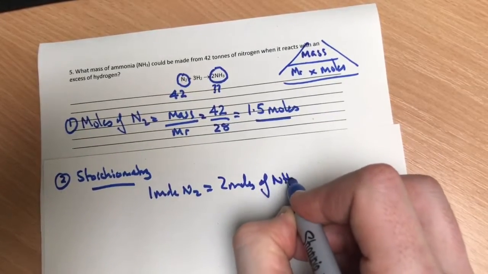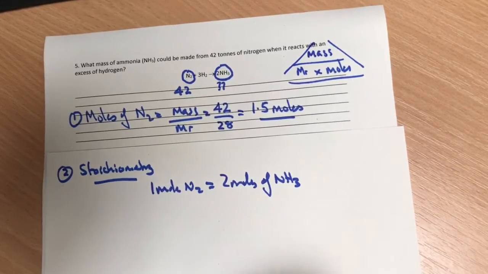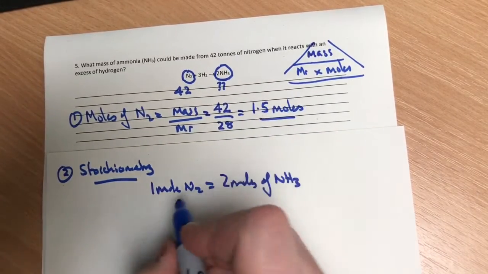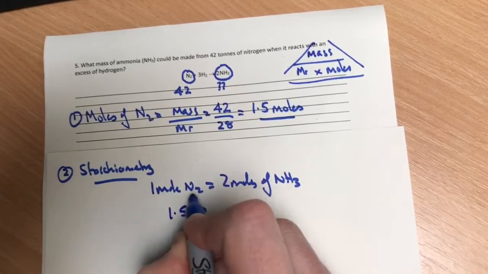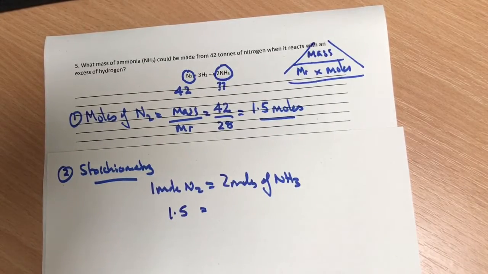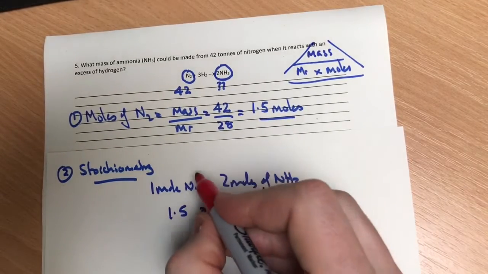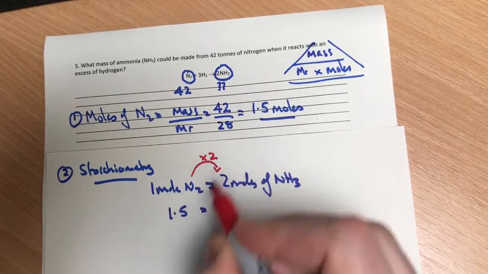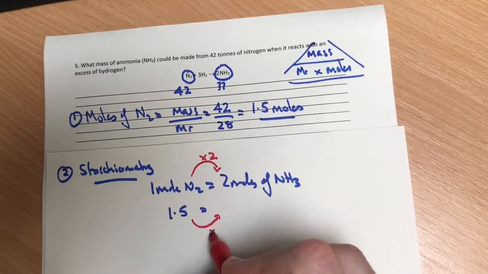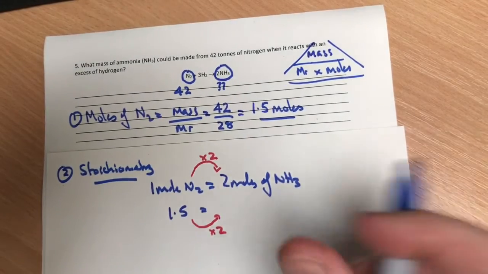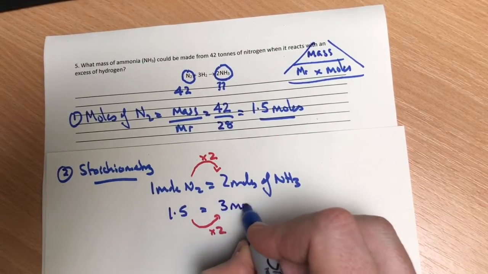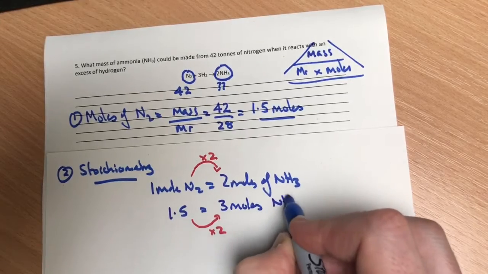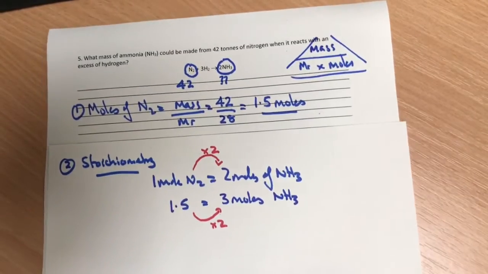I've just worked out that I've got 1.5 moles of the nitrogen. So just to help you make sure you get this right, what I like to do is say, well, I'm going from here to here, and I've got to double it. Therefore, to go from here to here, I also have to double to make the ratio stay the same. So that's going to give me 3 moles of the ammonia.